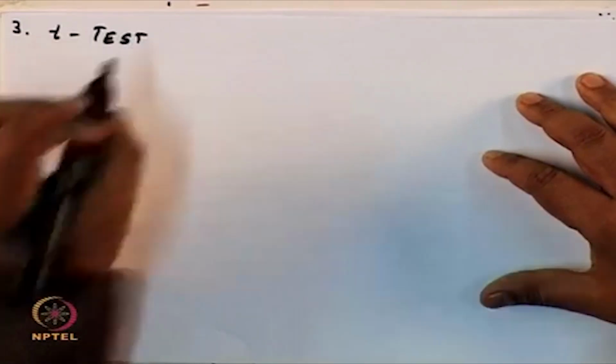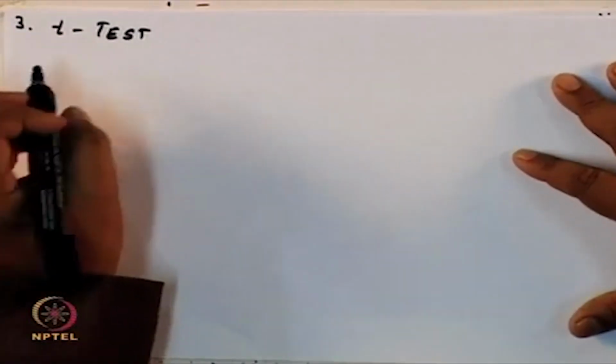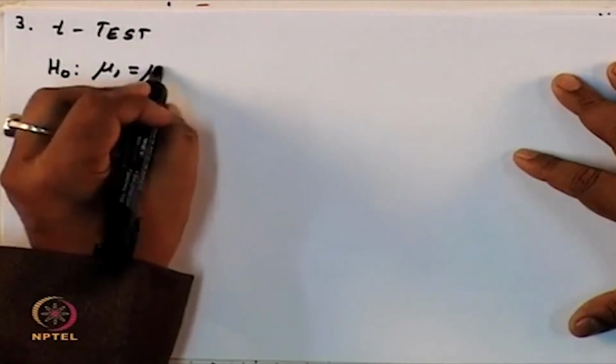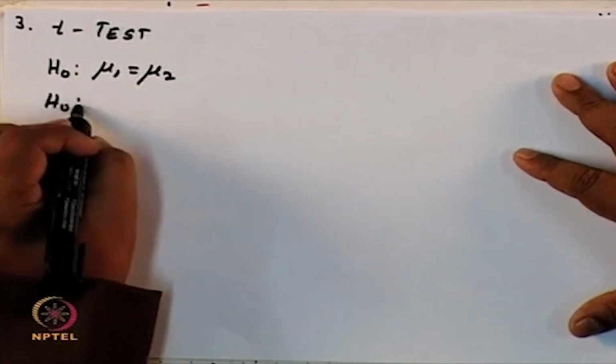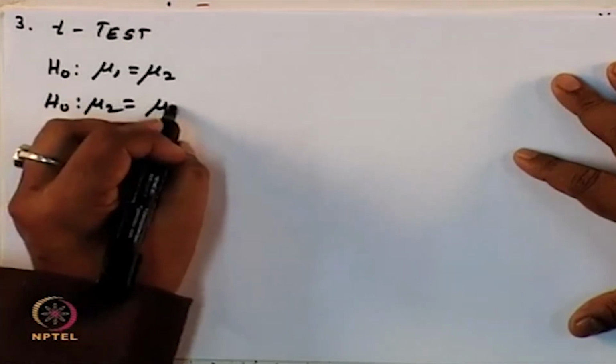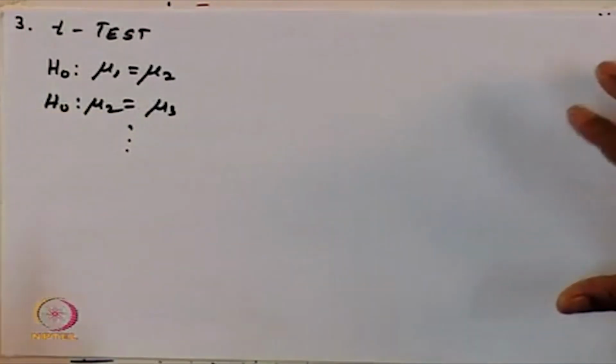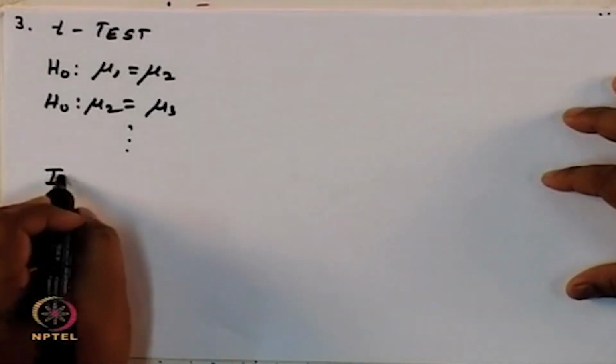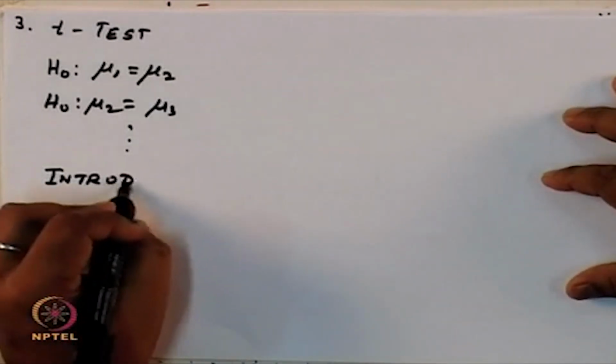You can do this using the t test, but in that case you will have various hypotheses you have to test. For example, you have to test the hypothesis mu1 equal to mu2, hypothesis mu2 equal to mu3, and so on, which is tedious and it also introduces error.